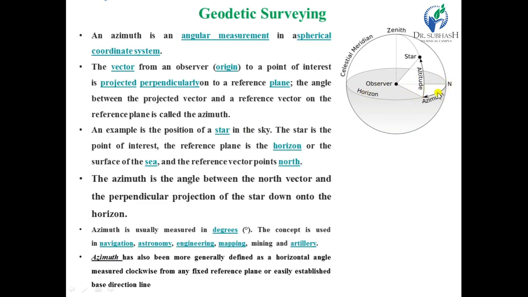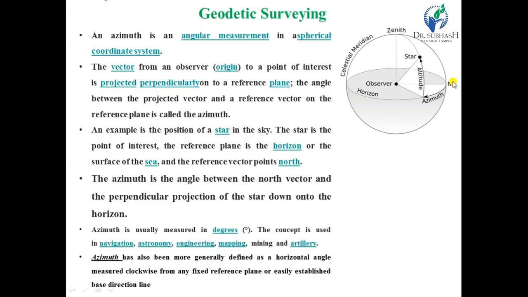With respect to north, we can measure the azimuth. An example is the position of a star in the sky. The star is the point of interest and the reference plane is the horizon, the surface of the sea. The reference vector points north.